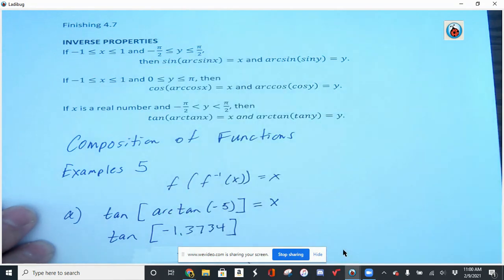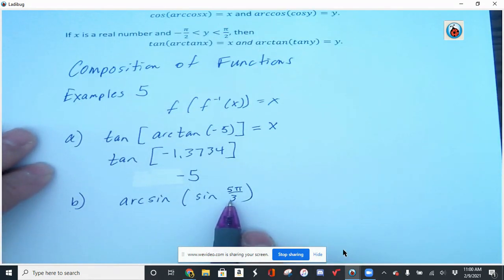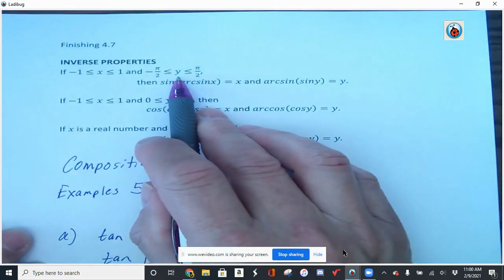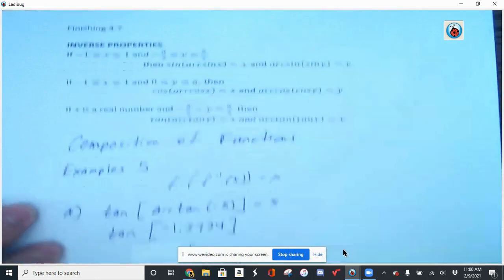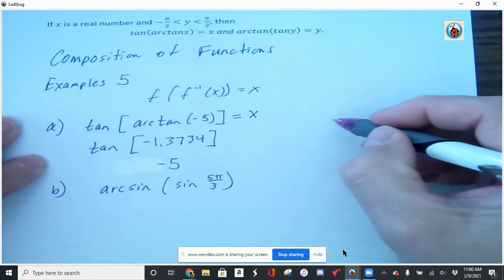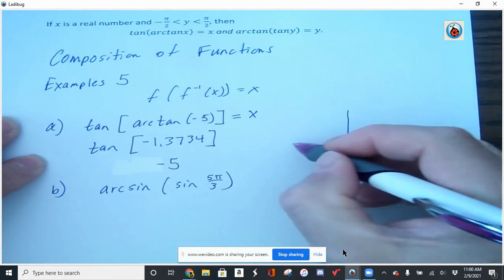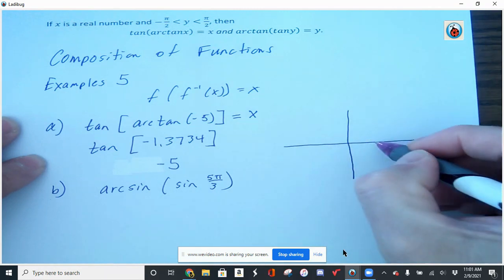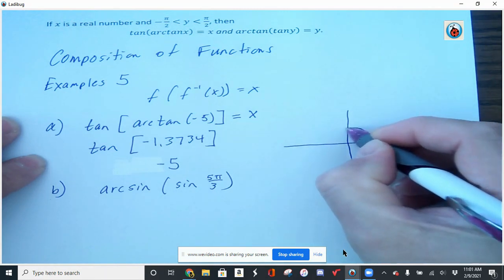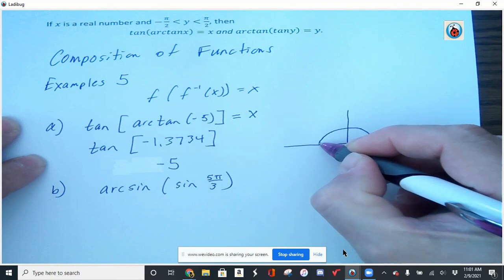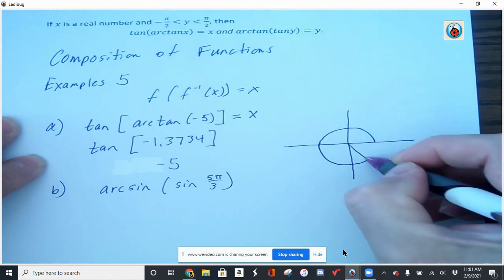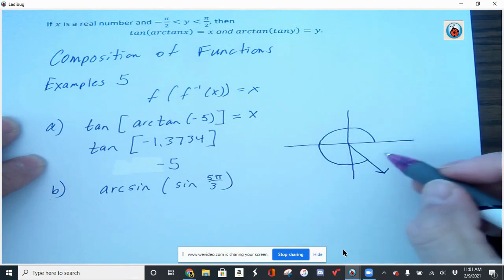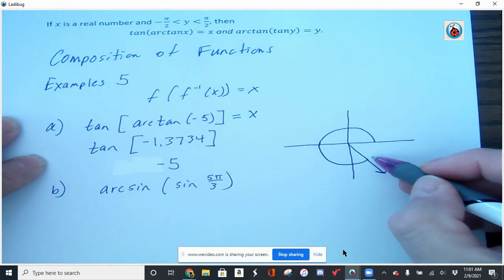Here's my y value, it's at 5 pi over 3. 5 pi over 3 does not fall within that interval, but before I finish that sentence, let's figure out where 5 pi over 3 is. Here's 1 over 3, 2 over 3, 3 over 3, 4 over 3, and 5 over 3. It's about right there.